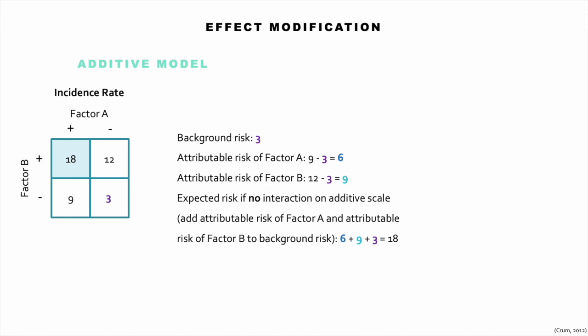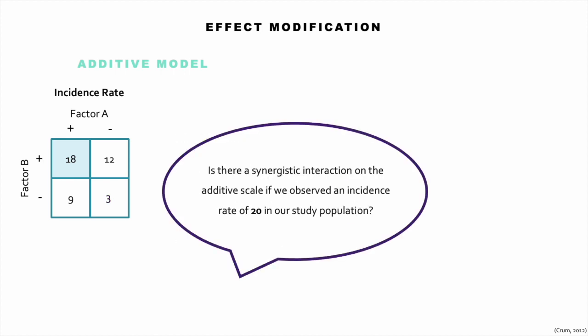In this example, the two factors together lead to an expected risk of 18 if there's no interaction occurring on the additive scale. Is there a synergistic interaction on the additive scale if we observed an incidence rate of 20 in our study population?